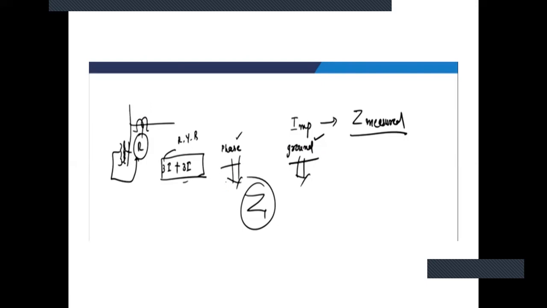So it receives three currents and three voltages. Whenever we talk about either the phase relay or the ground distance relay, it has to measure only the positive sequence impedance from the relaying point to the fault point.